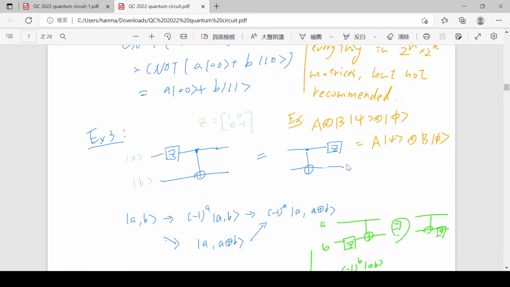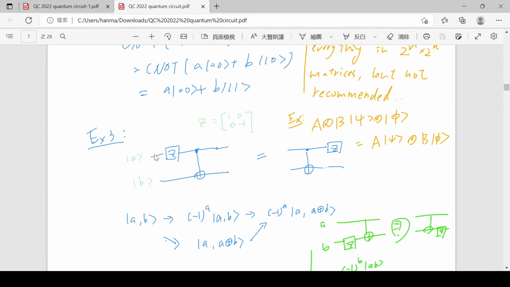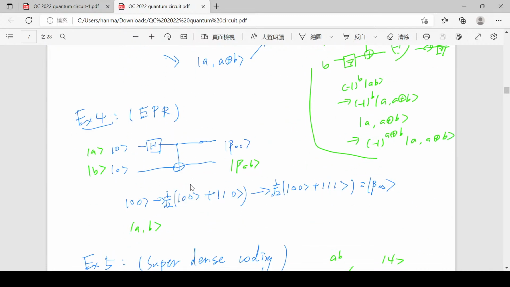An easier way to say this is you write down your state in the computational basis, then you apply your gates to the slots that correspond to the wires.